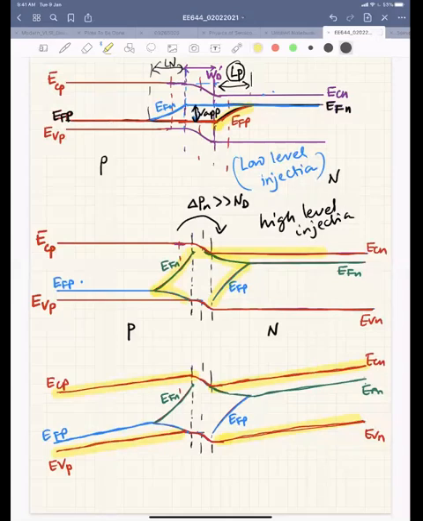Your current depends on the voltage dropped across the junction. So if you drop the additional voltage outside the junction by connecting a resistor in series with the diode, then you will not have high level injection currents.